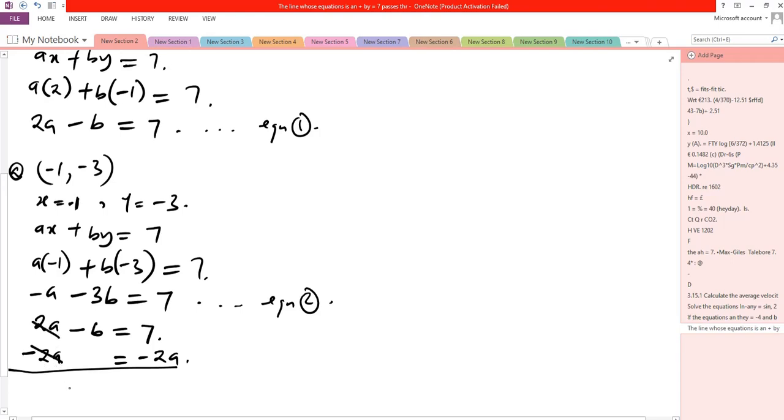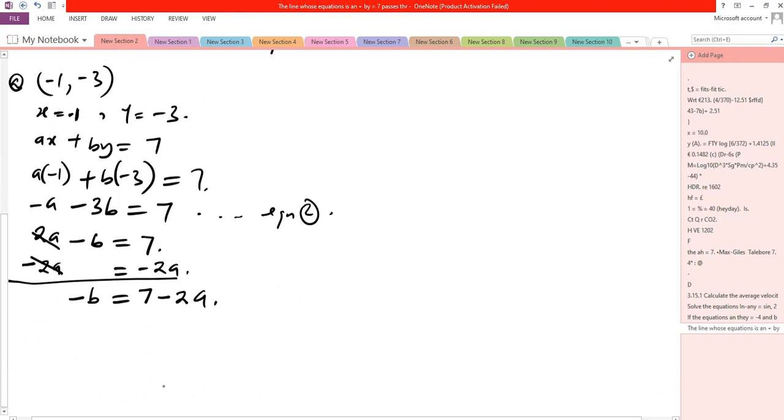So you're left with minus b equal to 7 minus 2a. Or let me just write it this way: minus 2a plus 7. Now I needed a situation where it's only b. I don't want minus here.